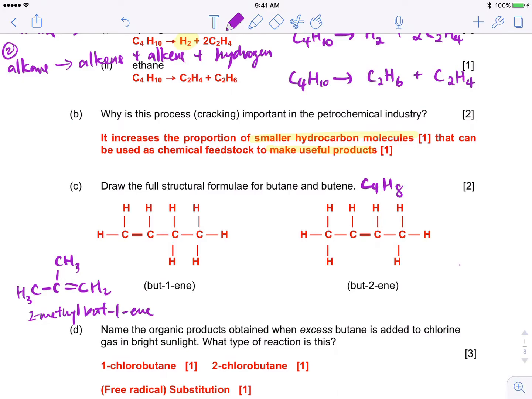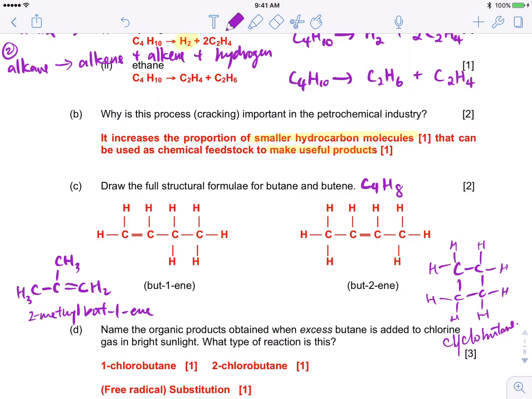And some of you also drew this, which is cyclobutane.